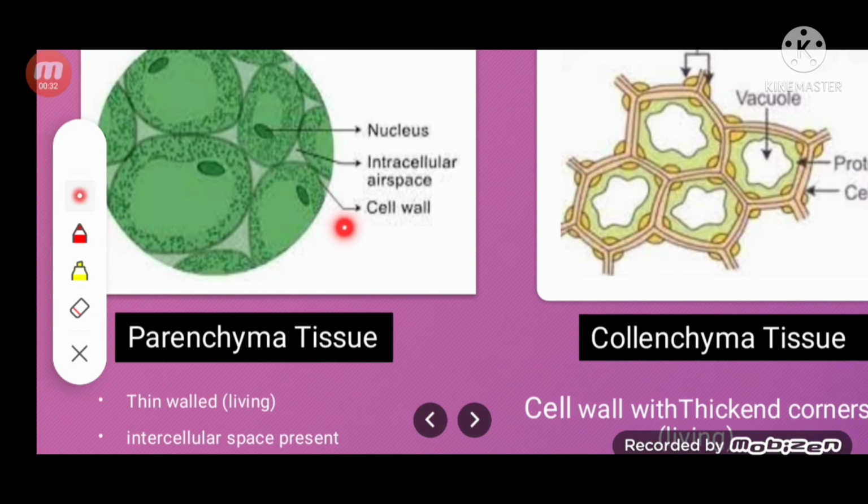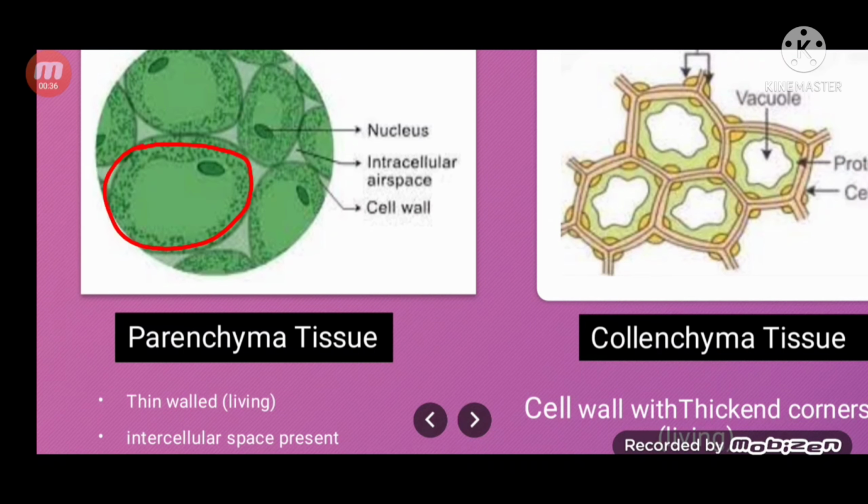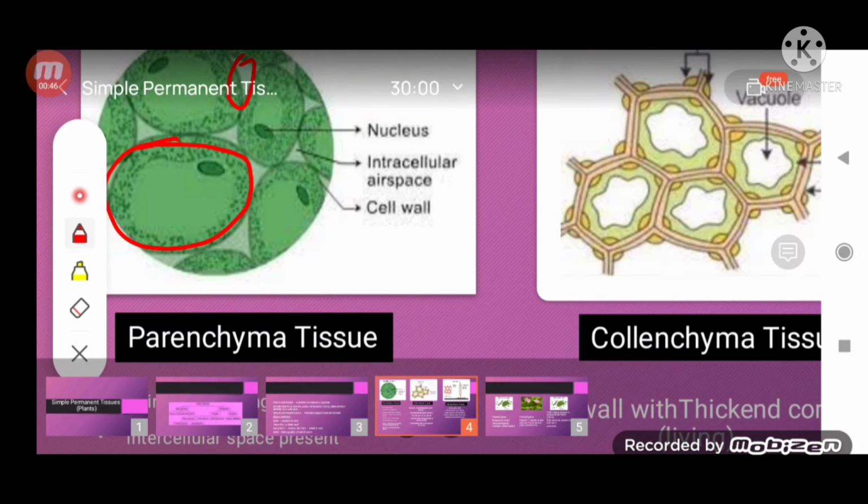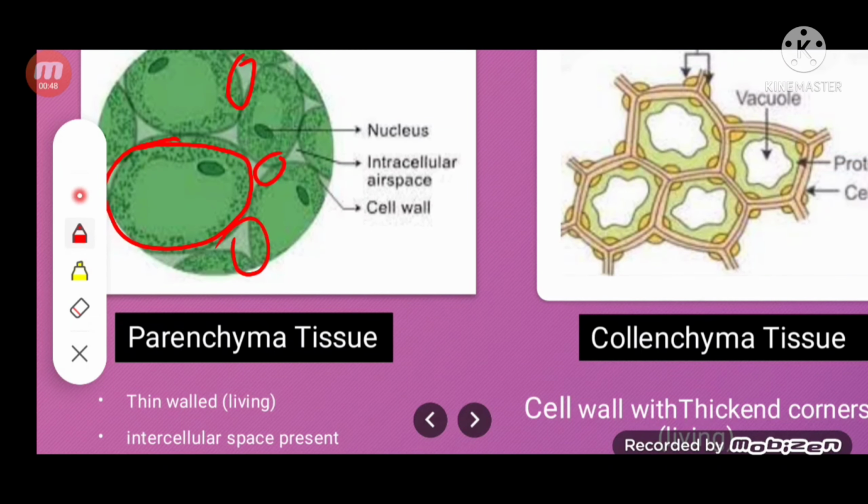So let us have a look. Here you can see the cell walls are very thin, and if you look outside the cells, there are spaces present which are known as intercellular spaces. So they have thin walled cells with intercellular spaces.